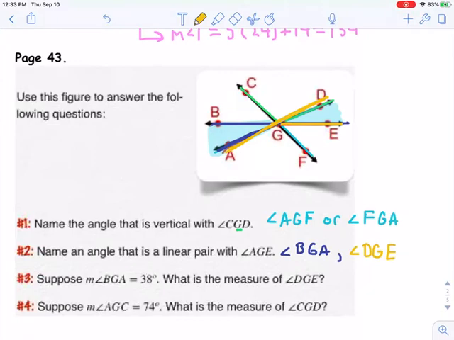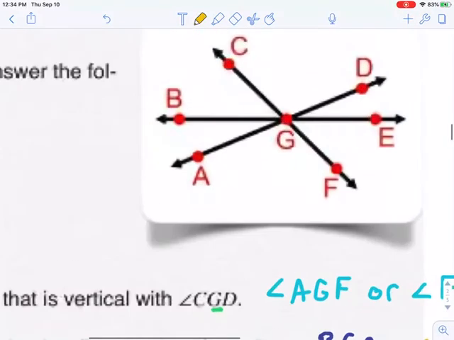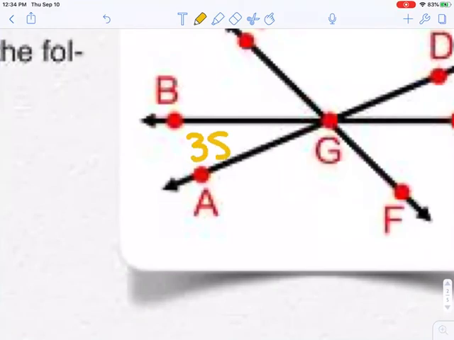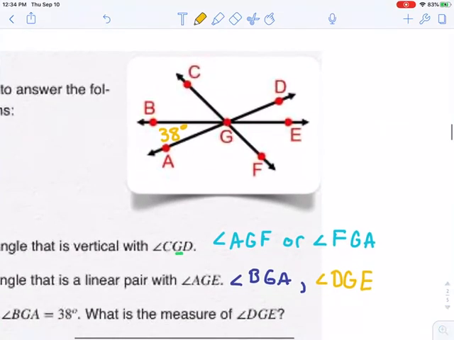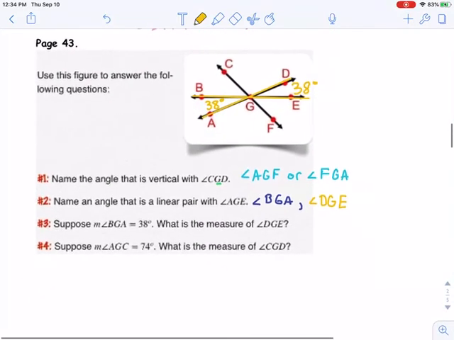suppose measure of angle BGA is 38 degrees, so let's erase all this junk. BGA is 38 degrees. What is the measure of angle DGE? Again, simple vertical angle stuff right here. Simple, simple, simple. Vertical angles are congruent, so that's 38 degrees as well.